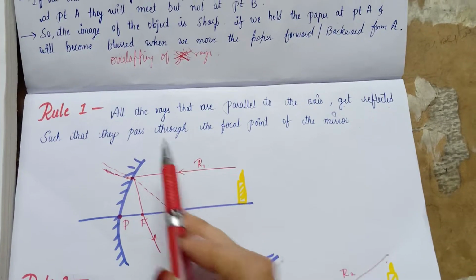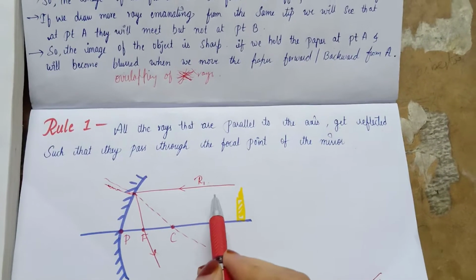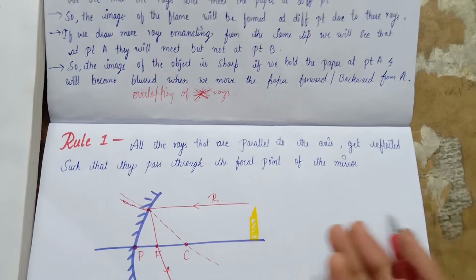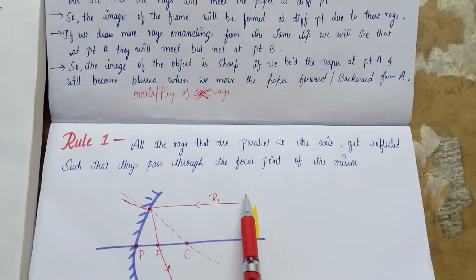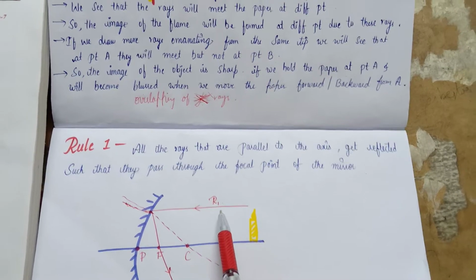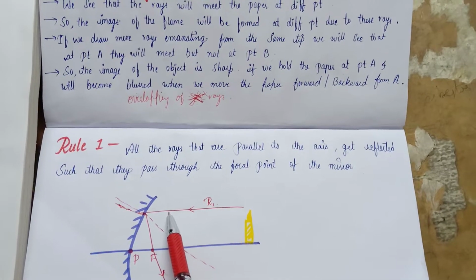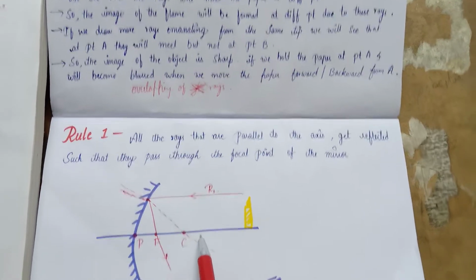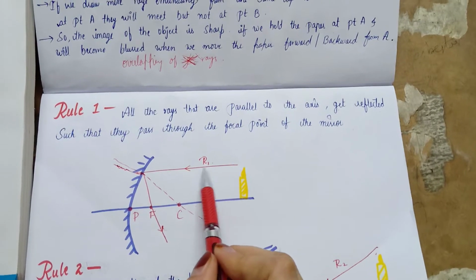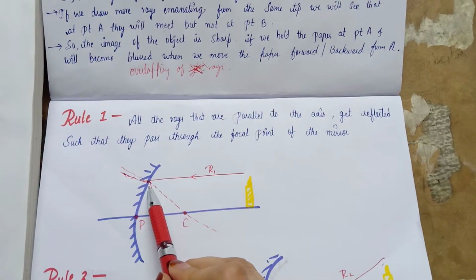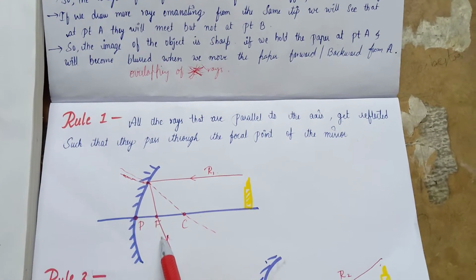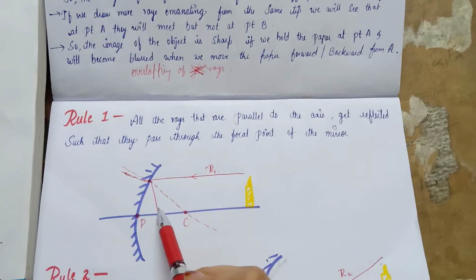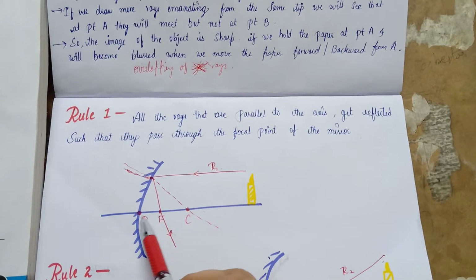The statement means that the rays coming from the tip of the candle or another object, parallel to the axis, will be reflected in such a manner that they pass through the focal point of the mirror.